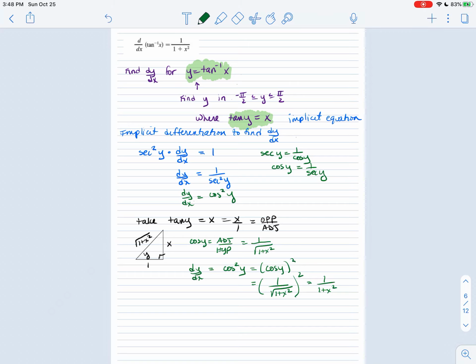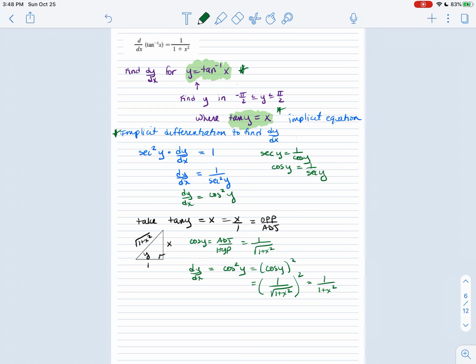So all of the other inverse trig functions can be derived using the exact same process. You would want to take your explicit function and transform it to its equivalent expression, which turns it into an implicit equation.